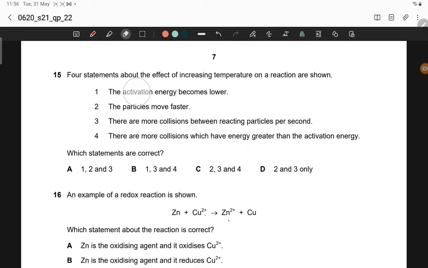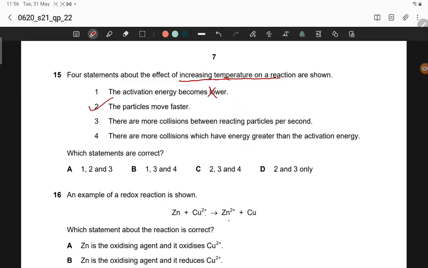Question number 15. 4 statements about the effect of increasing temperature on reaction are shown. The activation energy becomes low. Temperature does not affect the activation energy, so it is incorrect. The particles move faster.